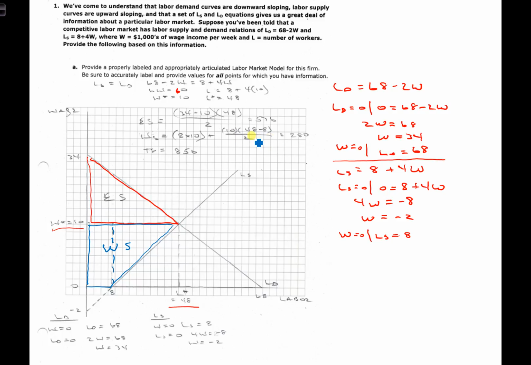And so together, those values are going to give us 280. This was 80, this was 200, it gives us 280. And so 280 on top of 576, so employer surplus and worker surplus gives us a total surplus of 856.